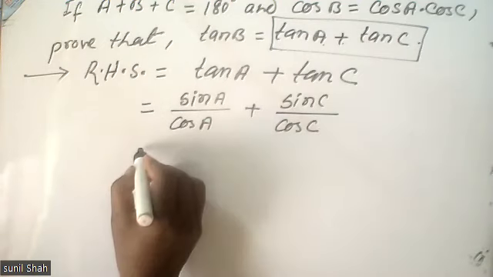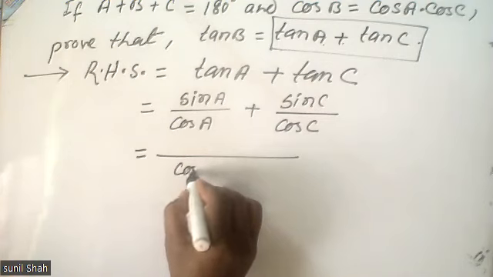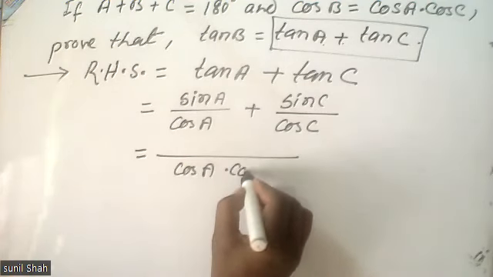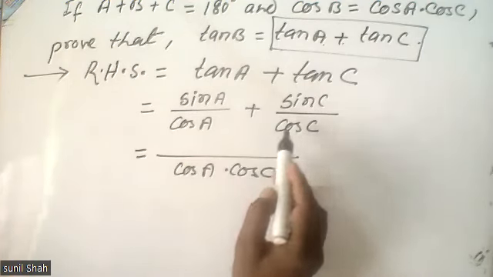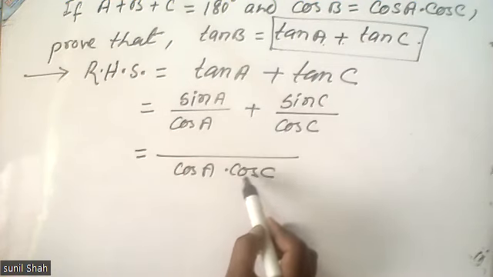Take the LCM. The LCM is cos A into cos C. Now divide this by this. Cos and cos will be cancelled and this remains.